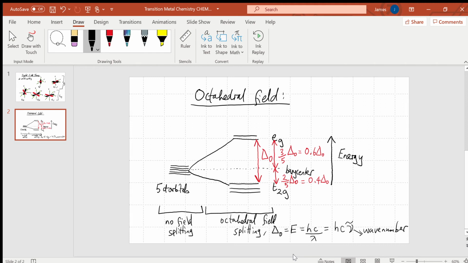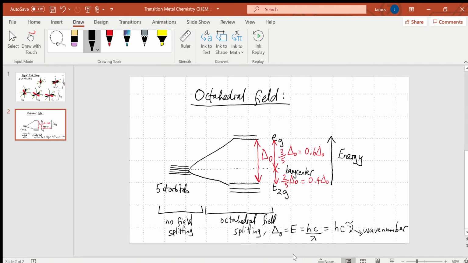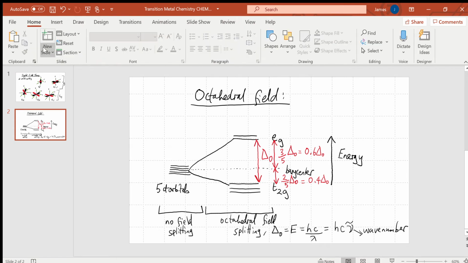Okay, so we have splitting in an octahedral field. So definitely we've seen what the orbitals look like. Now we've summarized it in a diagram that will be very useful to us. Now, I want to next talk, so I'll insert a new slide. I want to talk about weak and strong field ligands and how we can split the field to varying degrees. So let's insert a new slide.